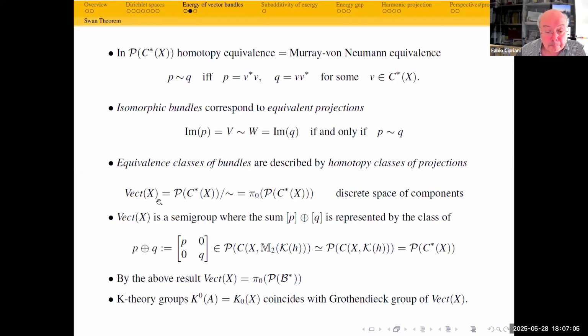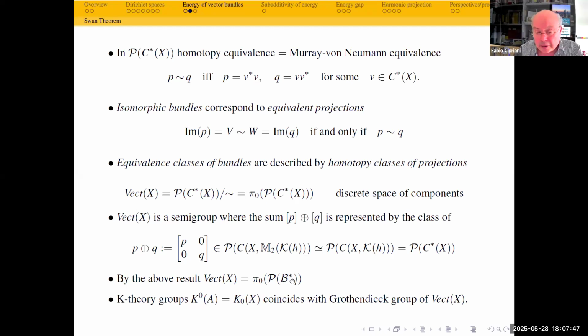So the space of equivalence classes of vector bundles is just the space of the connected components of this topological space P C star of X. This is a semigroup with this sum, and by the result above, this semigroup coincides with the space of connected components of the projections of the system of the Dirichlet algebra.